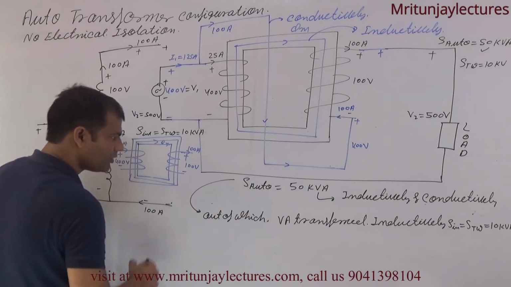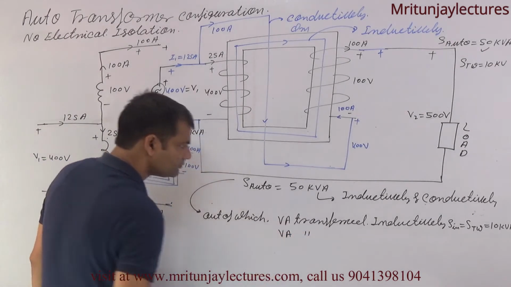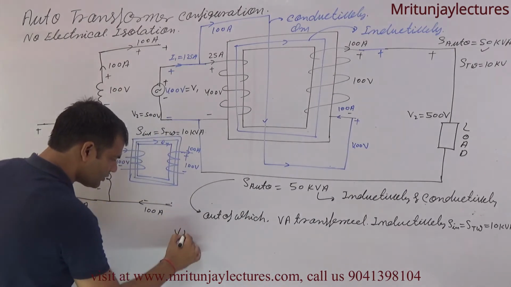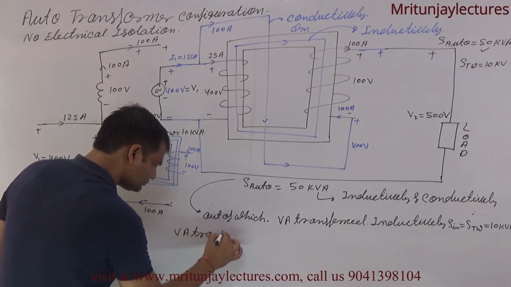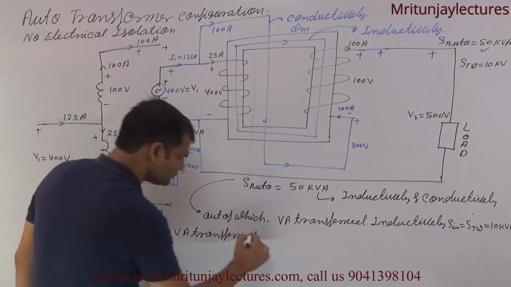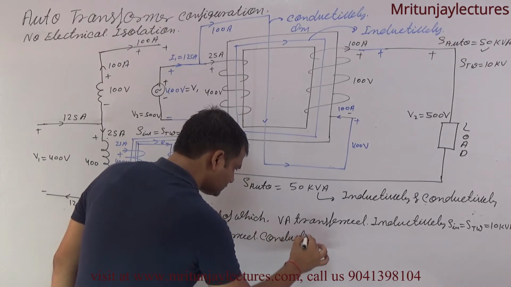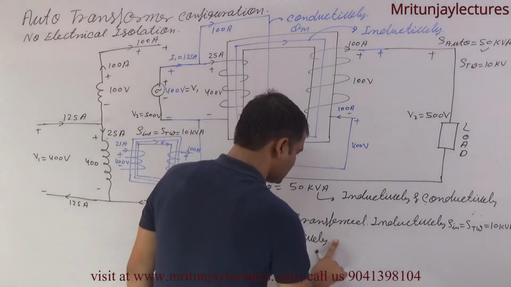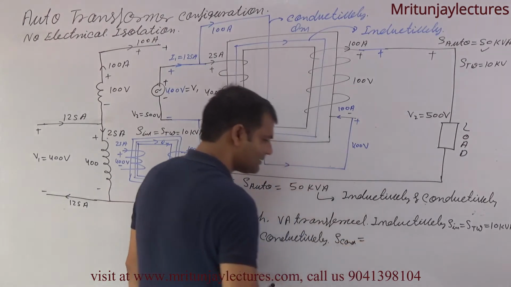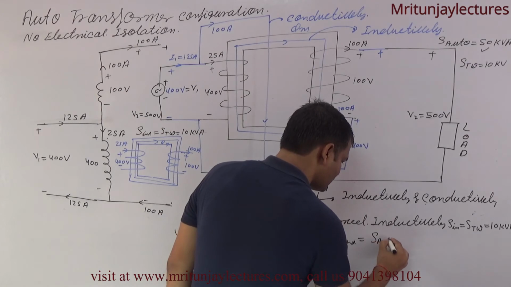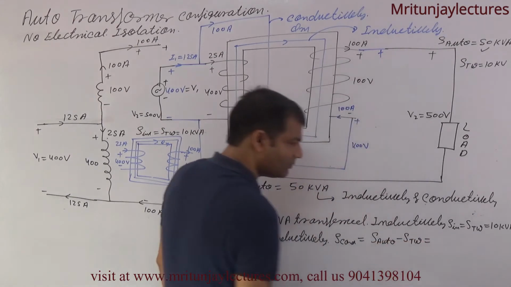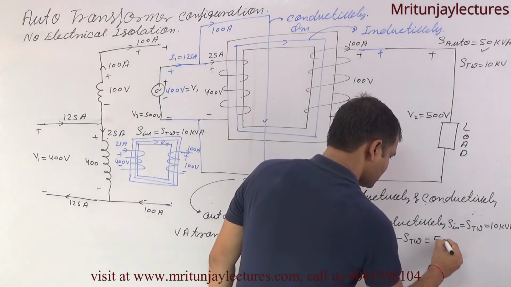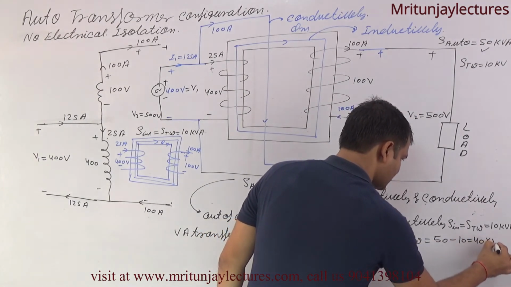Now VA transferred conductively is equal to S auto minus S TW, that is S auto minus S two winding transformer, 50 minus 10, that is 40 kVA.